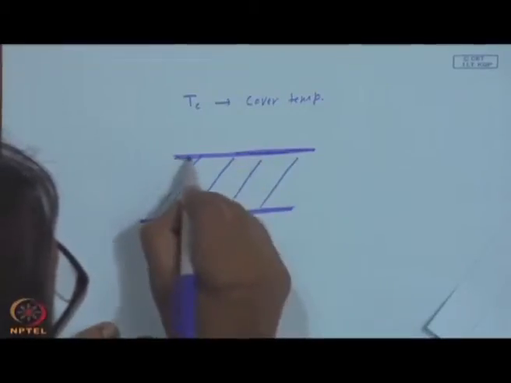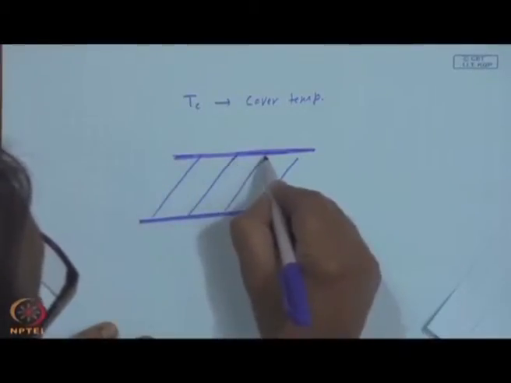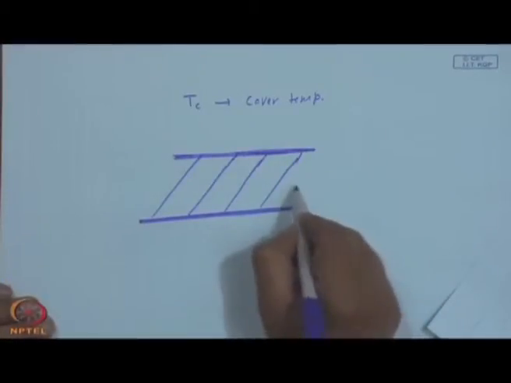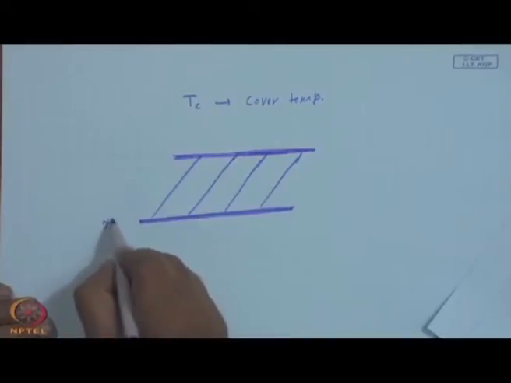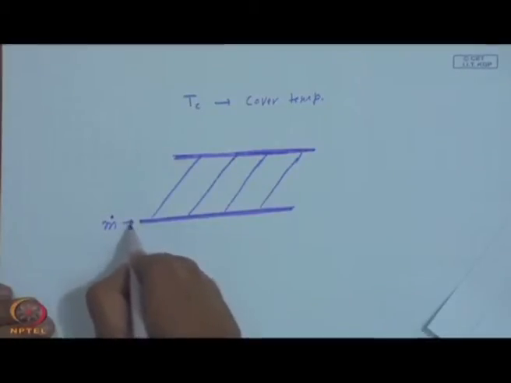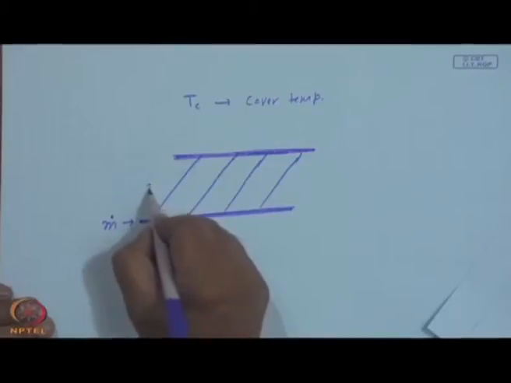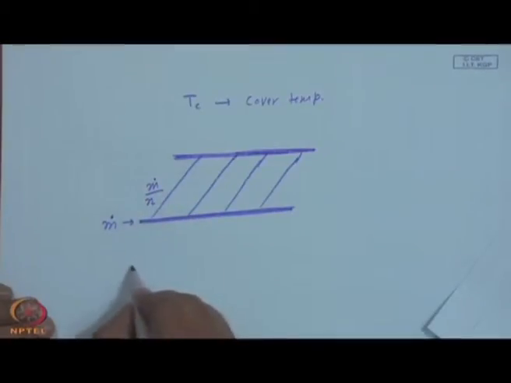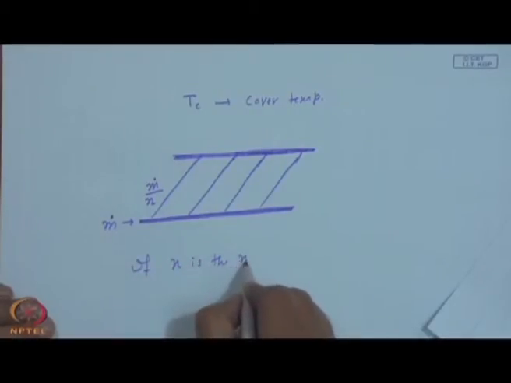So, the assumption is these headers provide uniform flow. So, if there is m dot entering through this, it will be m dot by n through each, if n is the number of tubes.